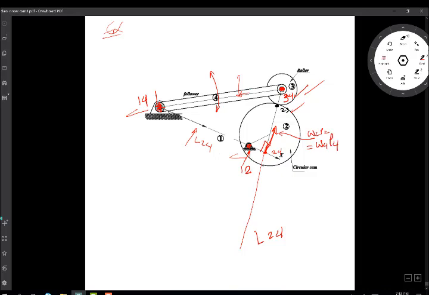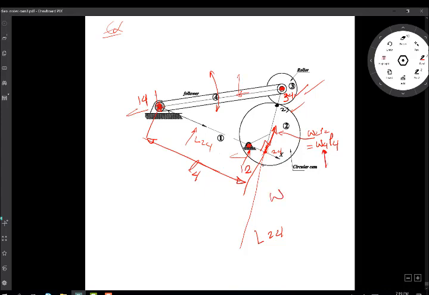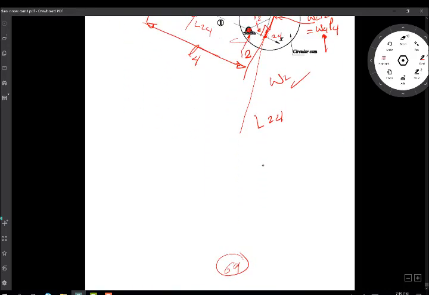L4 is the distance from the pole of link number 4 to the point. And this way, the missing information will be omega 4, which I'm trying to find. So normally, omega 2 would be given. And R2, by the way, is this little distance here. That's R2, right?